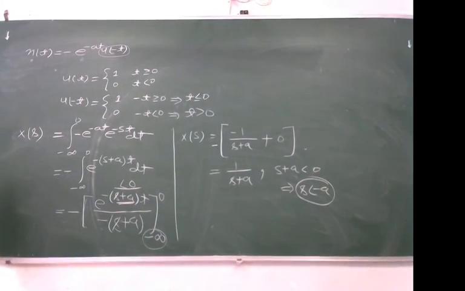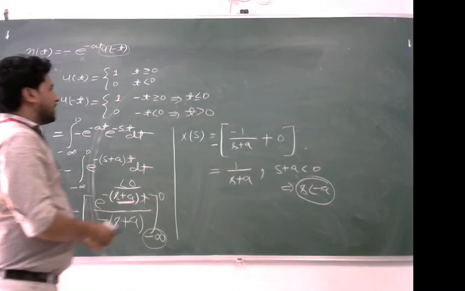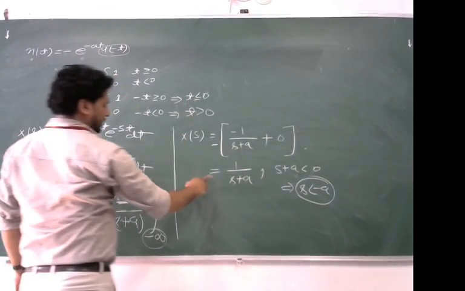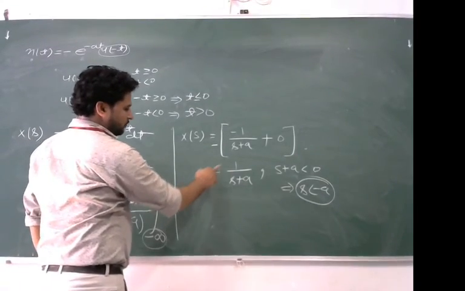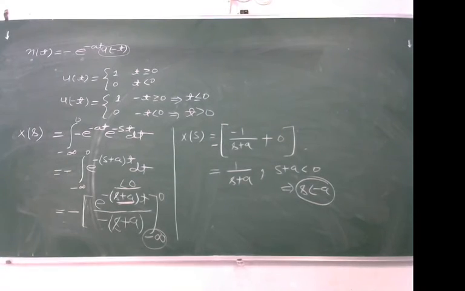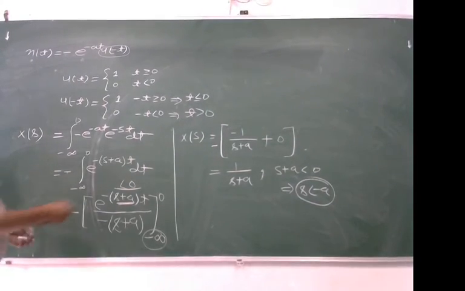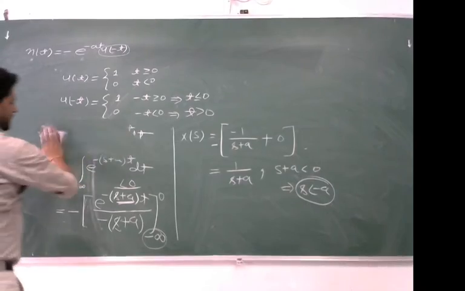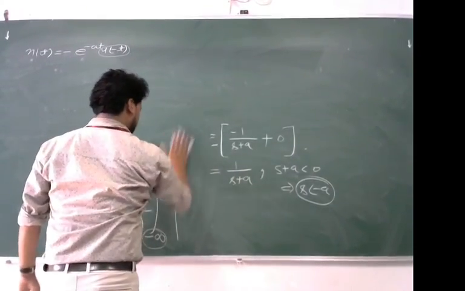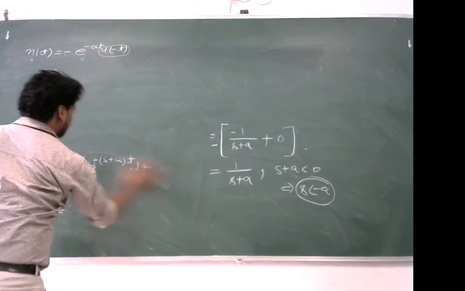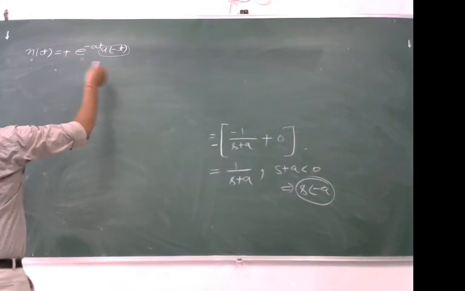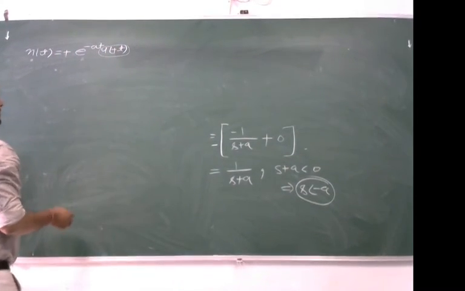Now consider another case. Remember this case: for e power minus at u of minus t, the Laplace transform will be 1 upon s plus a, with region of convergence s less than minus a. Now consider another case where x(t) is given as e power minus at u of plus t.